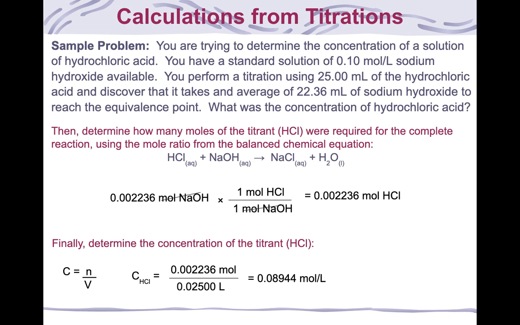Because if you think all the way back, that concentration of 0.10 moles per liter of sodium hydroxide only had 2 significant figures, so our answer can only have 2. So it is 0.089 moles per liter. So we've discovered that the hydrochloric acid had a concentration of 0.089 moles per liter.